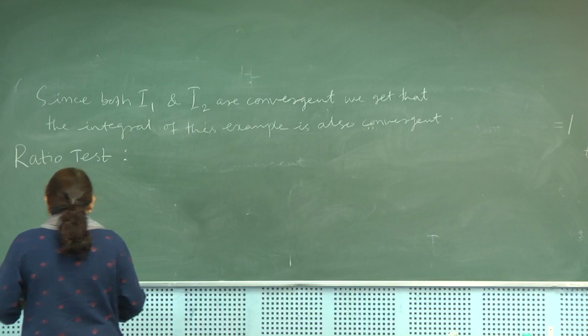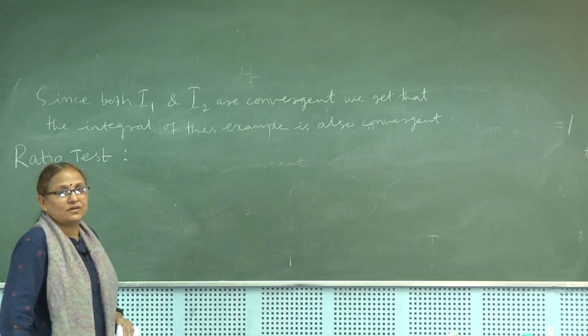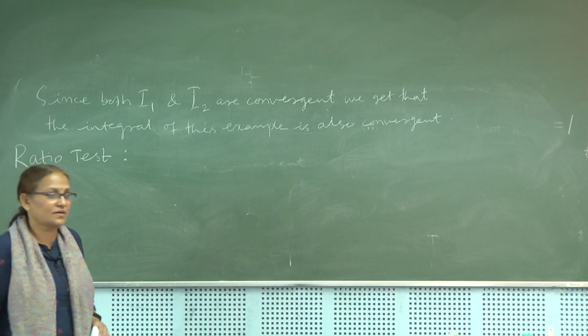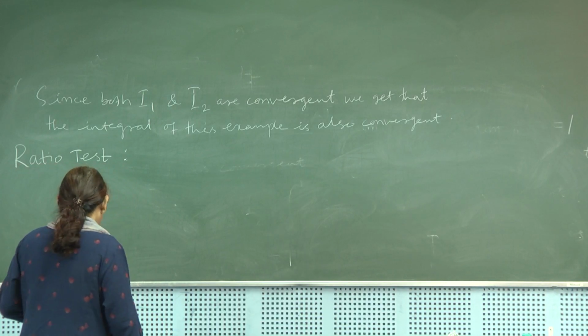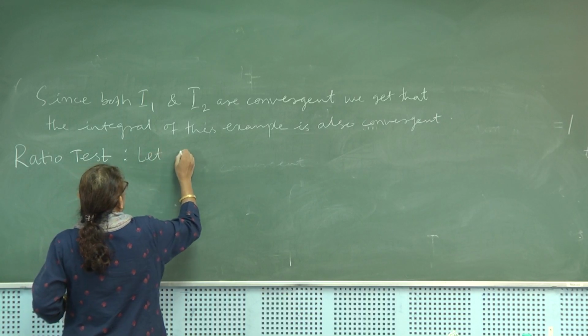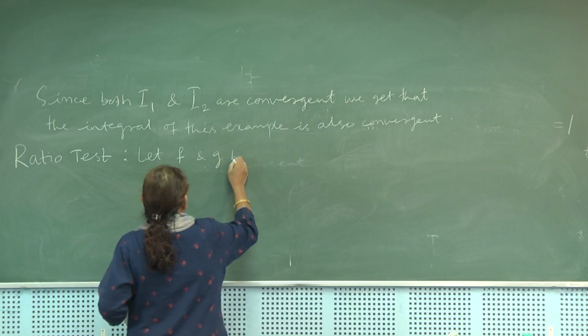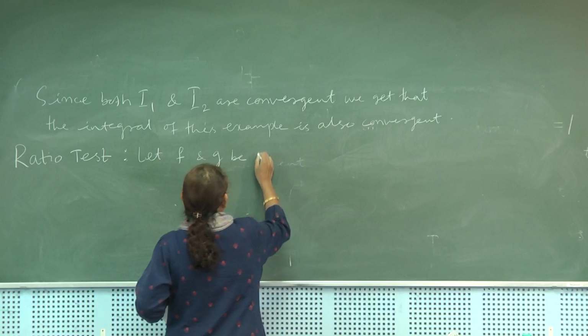So, what kind of functions f and g are, and what should happen to their ratio, that we shall write down here. Well, let f and g be positive functions.